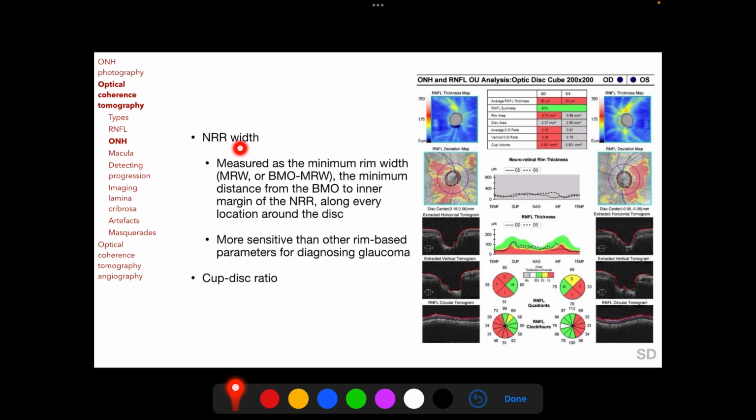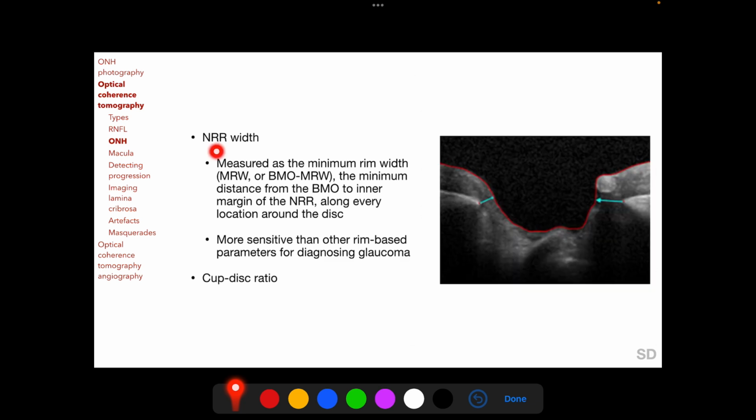The neuroretinal rim width or thickness measured by the OCT is represented in this sectorial map, which mentions the neuroretinal rim width or thickness in the temporal, superior, nasal, inferior and again temporal quadrants.